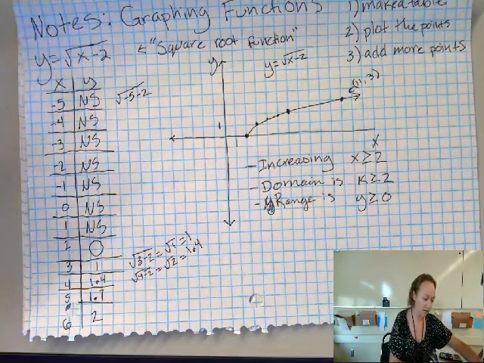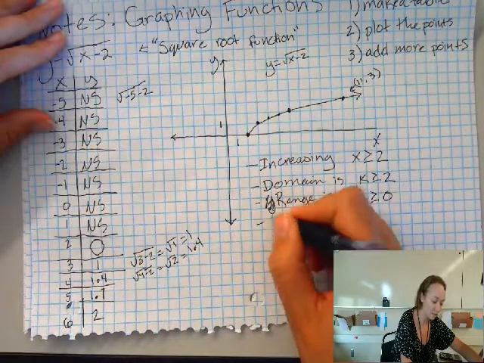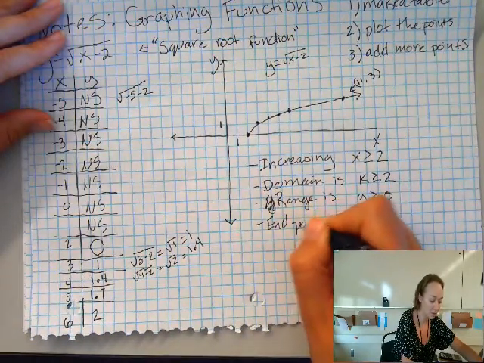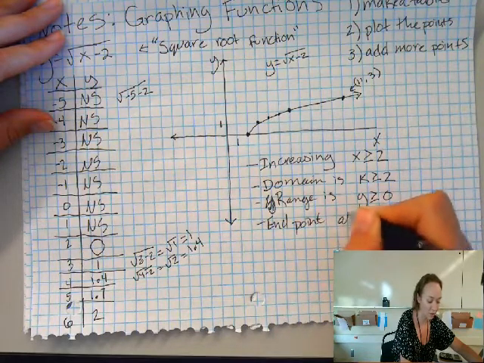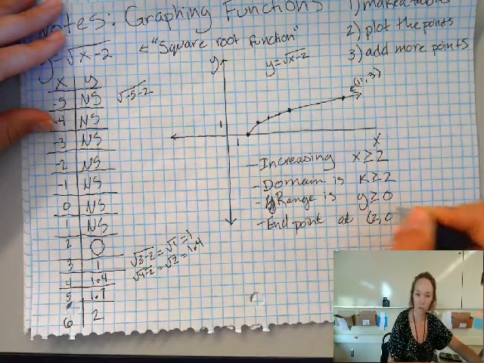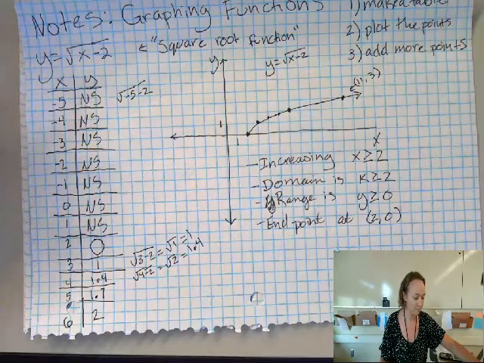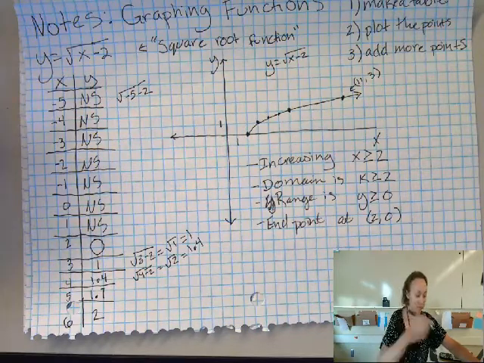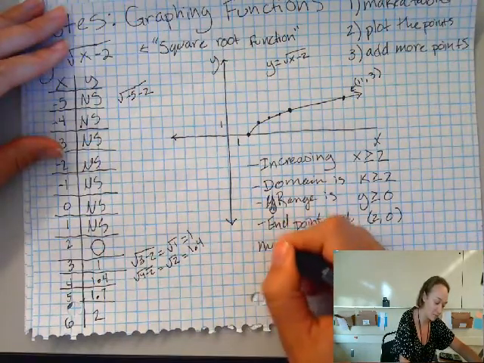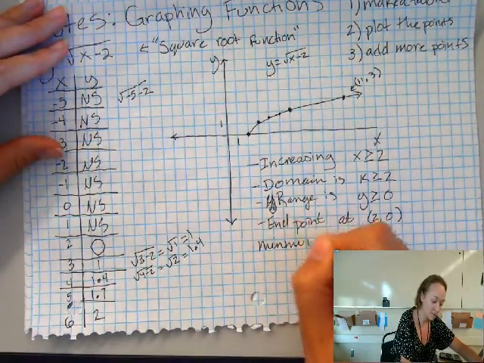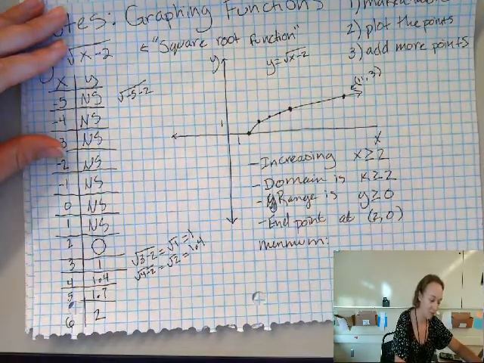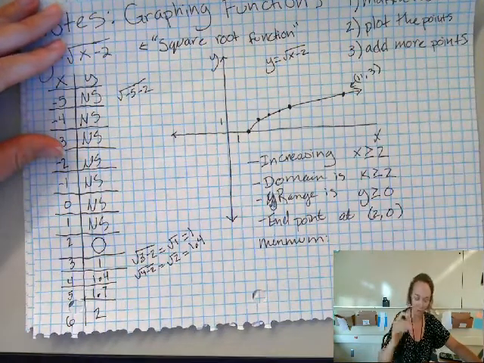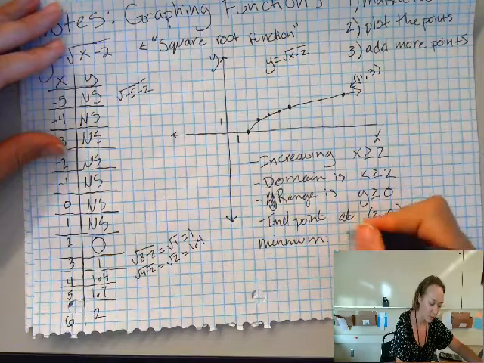What else can I say about it? I can say that it has an endpoint at (2, 0). Endpoints or starting points are always interesting. Doesn't have any symmetry. Doesn't have a maximum, like a highest possible point. It does have a minimum. The minimum would be like the lowest possible y value. So the minimum is at 0, like so.